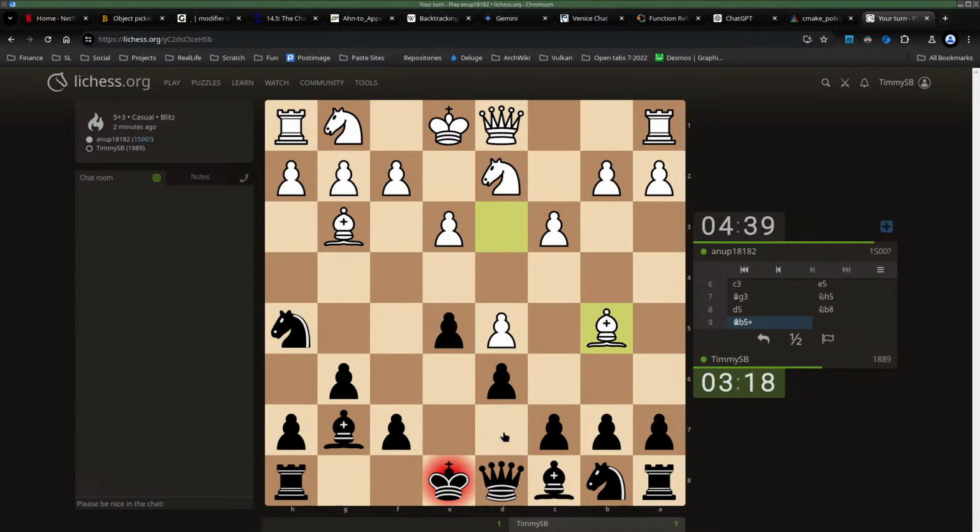What happens if I put this in between? Or this? I'll lose this thing and then that's no problem, is it? But it's my good bishop and this is your bad bishop. Okay, well I can put a knight in front of it then. If you exchange that, that's not too bad.